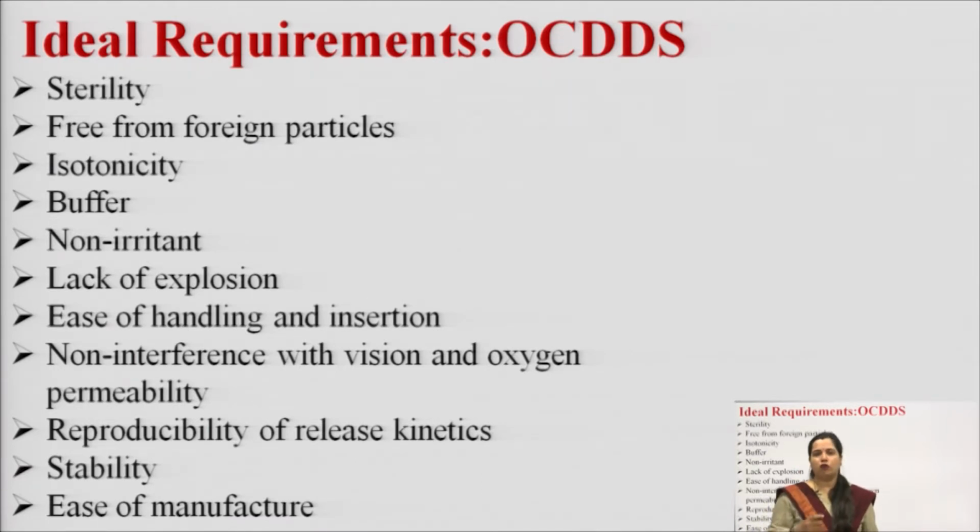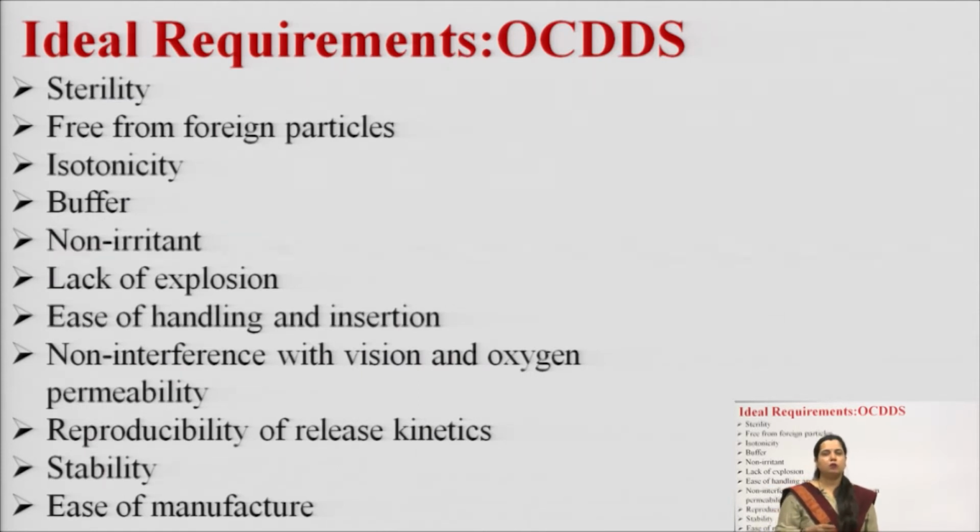If we talk about controlled ocular drug delivery systems, there should be non-interference with vision and oxygen permeability. Of course, this is the drawback of gel preparations. When we use the gel formulation in the eye, the vision is quite blurred and the patient may feel discomfort.